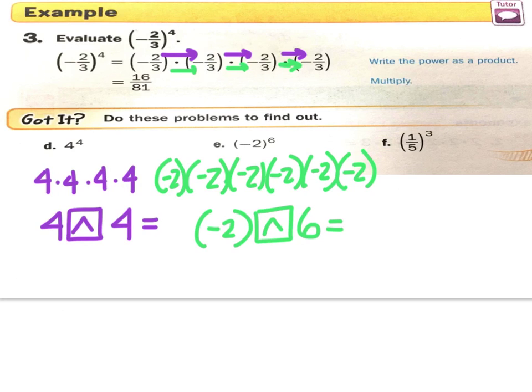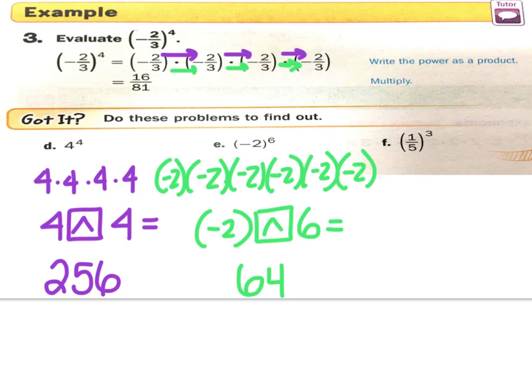When you put 4 raised to the 4th power in your calculator, you're going to get an answer of 256. When you put negative 2 in your calculator and you raise it to the 6th power, you're going to get an answer of positive 64.